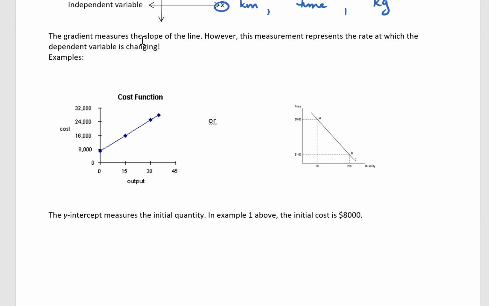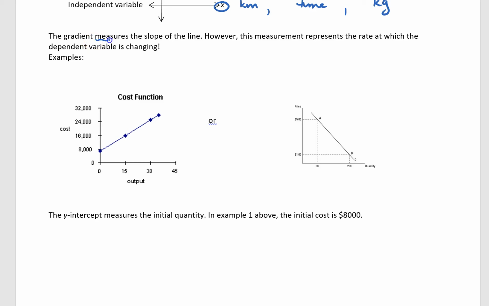In an answer to what does the gradient represent when we have population on one axis and years on the other axis, then you are expected to say the gradient represents the rate at which the population is changing per year or per month. So use the words that are written here to help you form your sentence answer to similar questions about what the gradient is measuring.